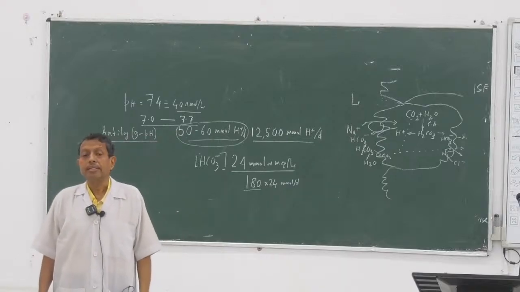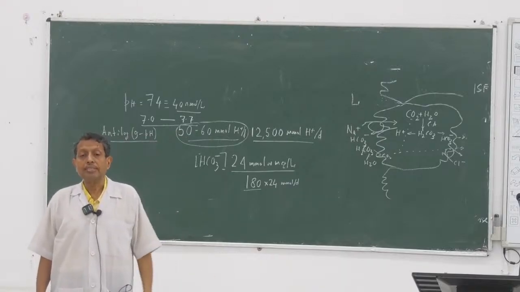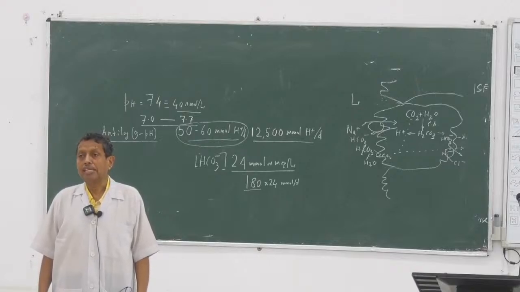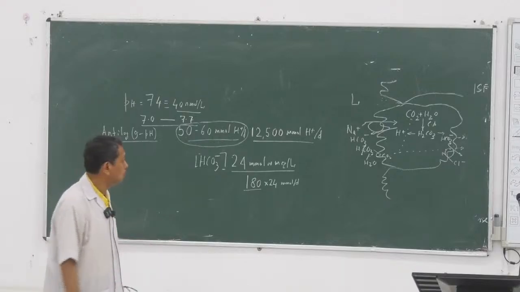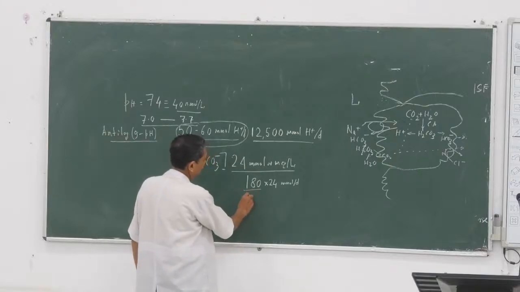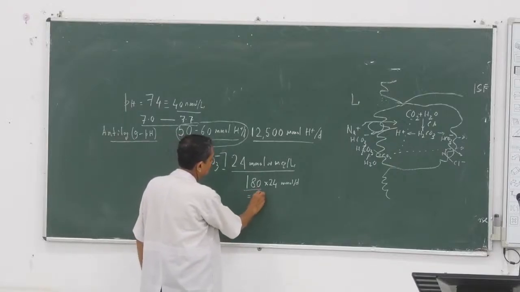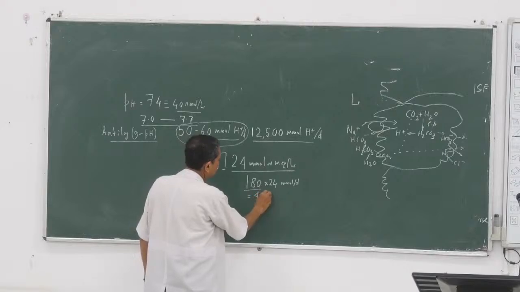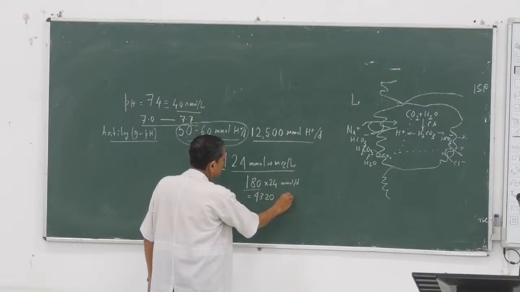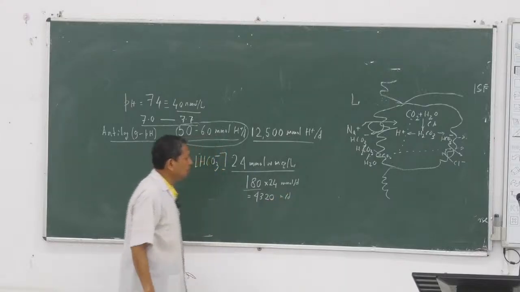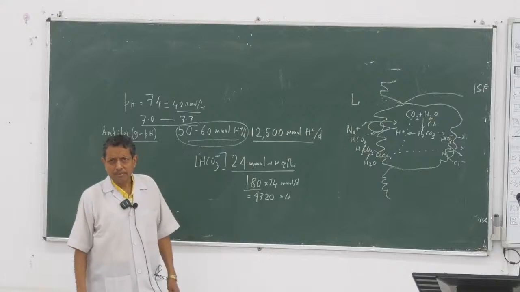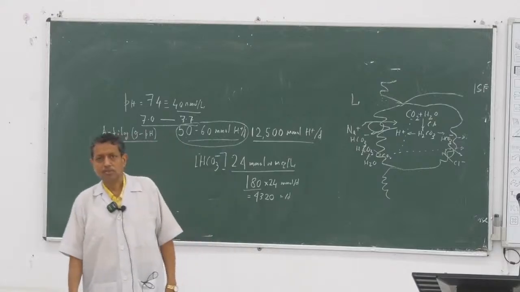And in this way all the bicarbonate is reabsorbed. All the bicarbonate is reabsorbed, and the filtered load in this case is millimole per day. You can multiply this and see whether I wrote it wrongly, do you understand?